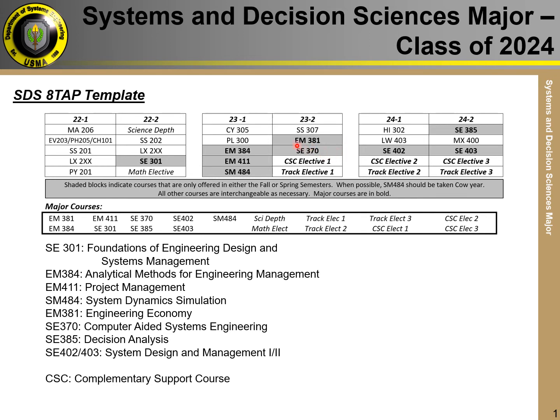Second semester of your cow year is when you first start taking your CSE electives, complementary support courses, and your track electives. And in just a minute, we'll get into what those are. First class year, you take a capstone, SE 402 and 403, and decision analysis.